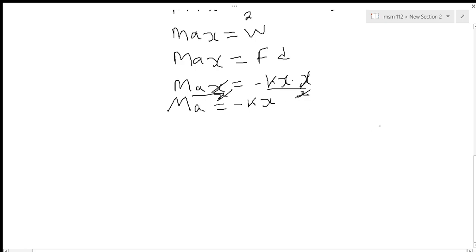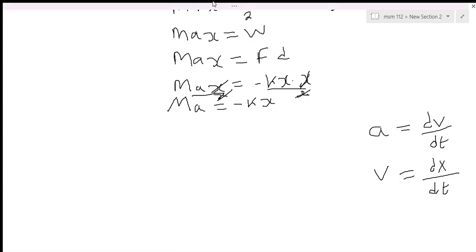So acceleration is equal to dv over dt, the derivative of velocity over the derivative of time. That's acceleration. Then velocity is equal to the derivative of the distance over the derivative of what? Time.